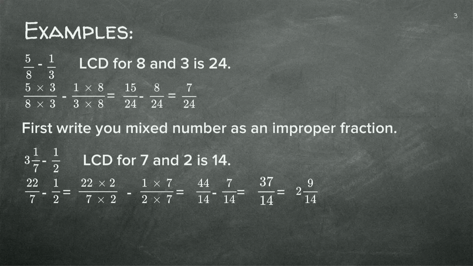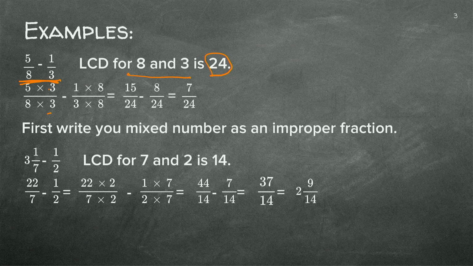The lowest common denominator for 8 and 3 is 24. And we have to subtract a third from 5 over 8. There is our sum. Okay. So again, to get from 8 to 24, we're going to multiply the bottom by 3 as well as the top.